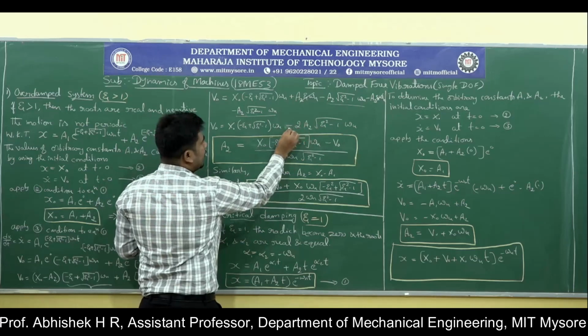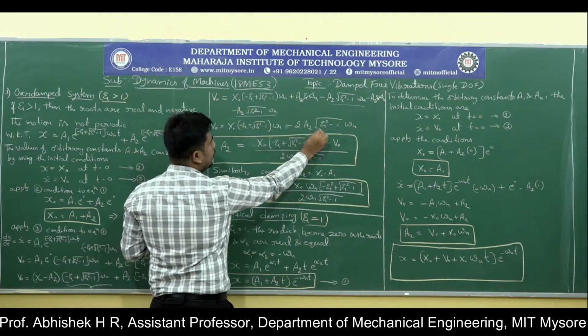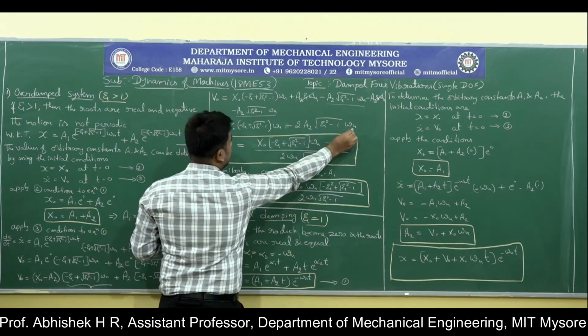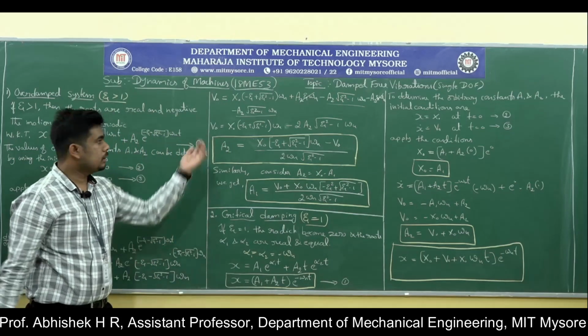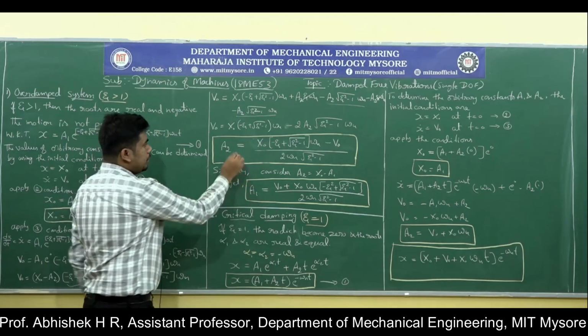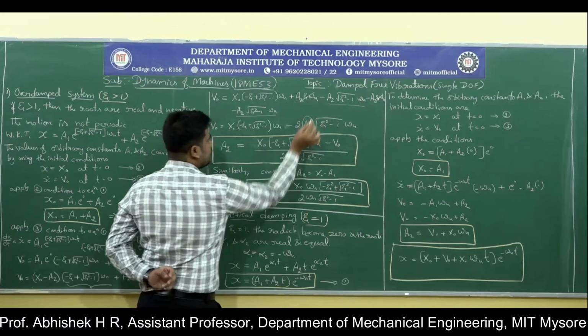So it is minus 2 into a2 into square root of zeta square minus 1 into omega n. Just simplify it.